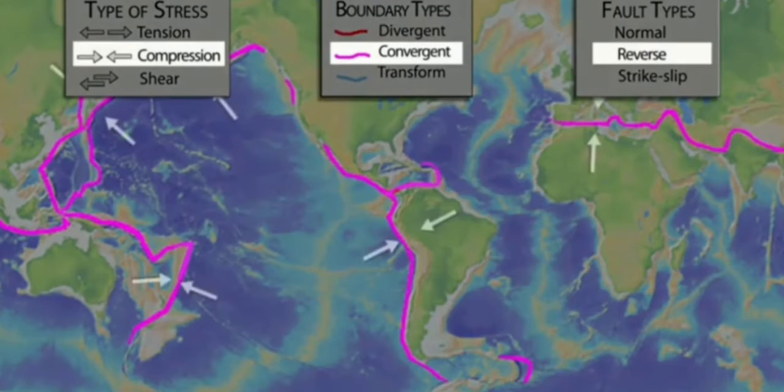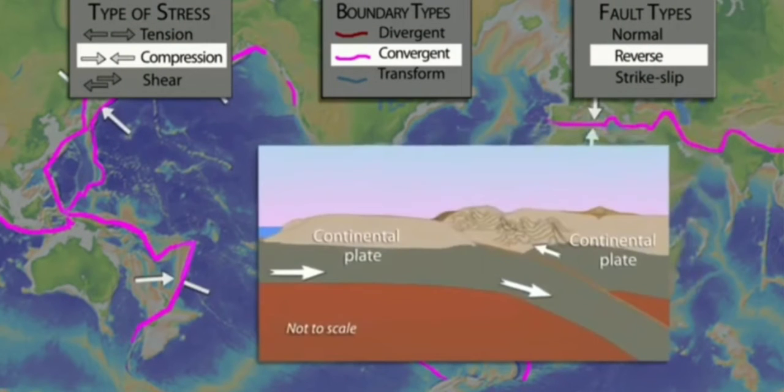Compressive stress occurs at a convergent plate boundary where two plates move towards each other. If two continental areas collide, they produce a broad uplift like the Himalaya mountain ranges with reverse faults parallel to the plate boundaries.